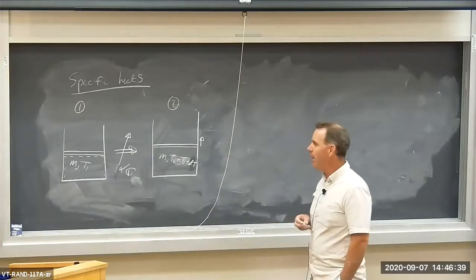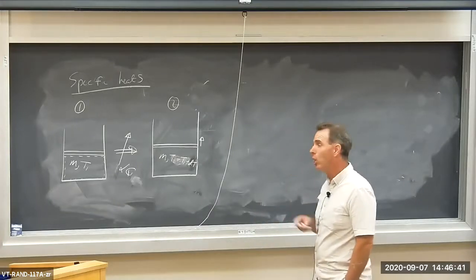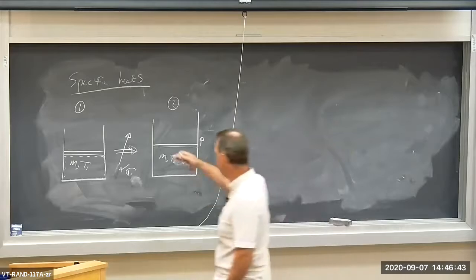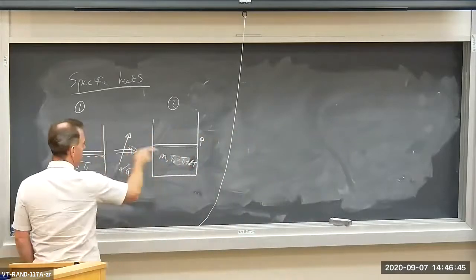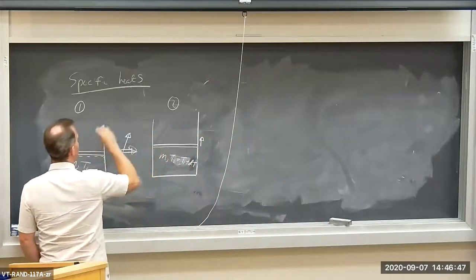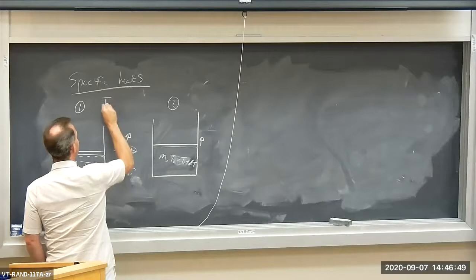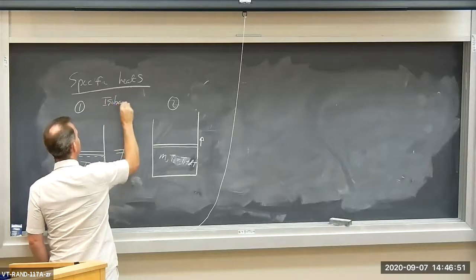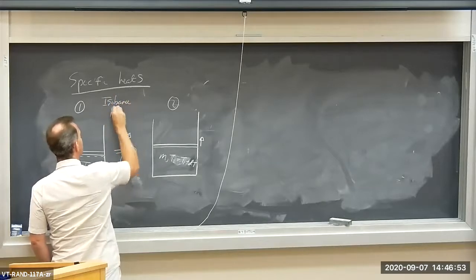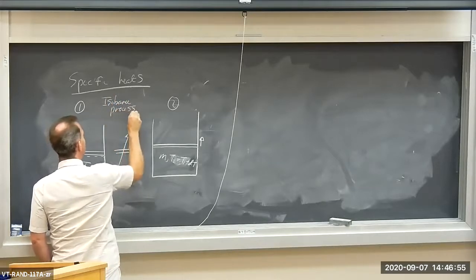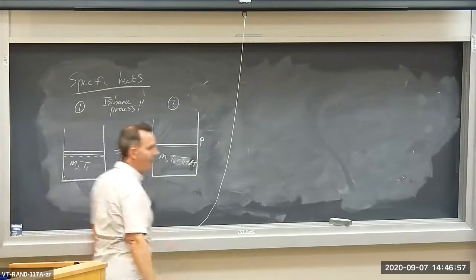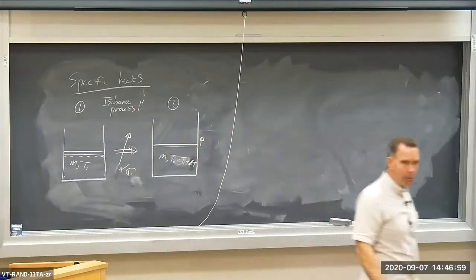Now, let's define specific heat at constant pressure. I'm in a piston cylinder device here, so I'm going to make this an isobaric process. What's isobaric mean? Constant pressure.